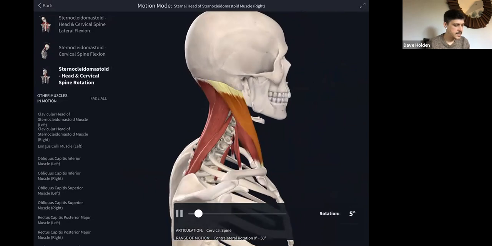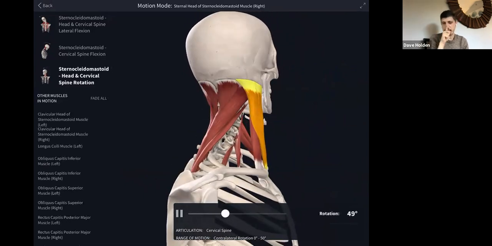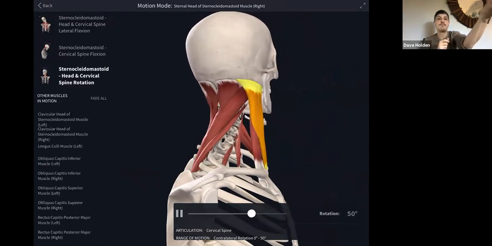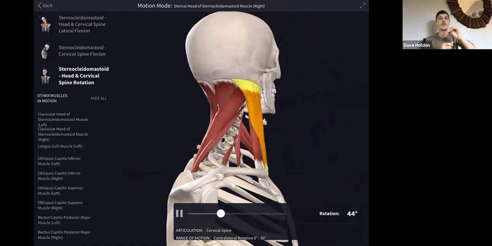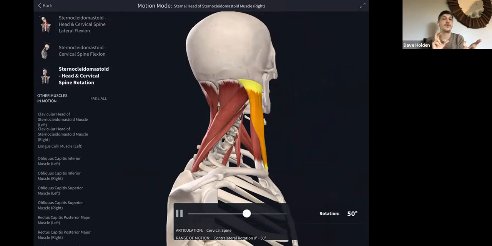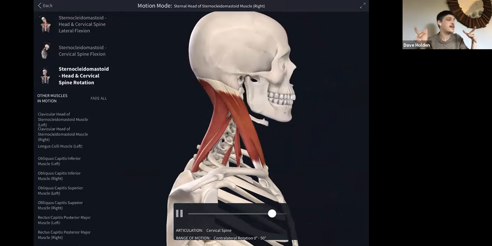And again, if this is kind of making your brain work overtime, remember guys, we think of muscles contracting. What you're really doing is pulling the insertion toward the origin. And since we're looking at these kinds of joints, the spine we know is a pivot joint, so the spine is allowed to rotate.